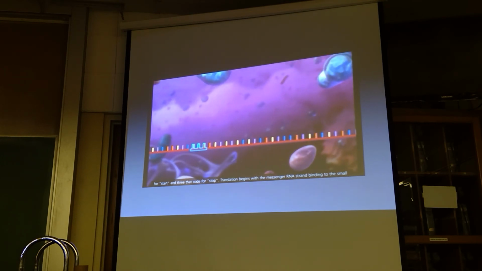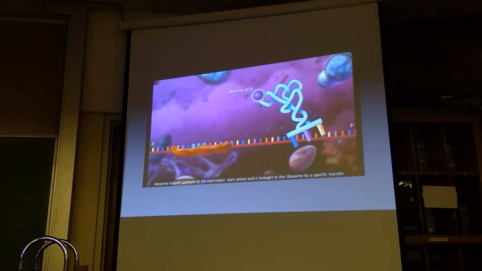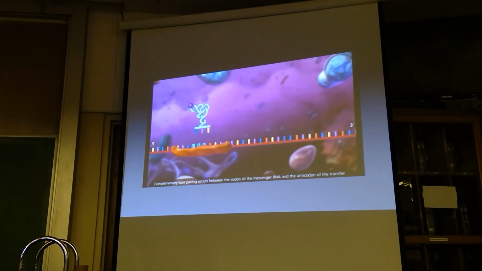Translation begins with the messenger RNA strand binding to the small ribosomal subunit upstream of the start codon. Each amino acid is brought to the ribosome by a specific transfer RNA molecule. The type of amino acid is determined by the anticodon sequence of the transfer RNA. Actually, it's determined by the enzyme.